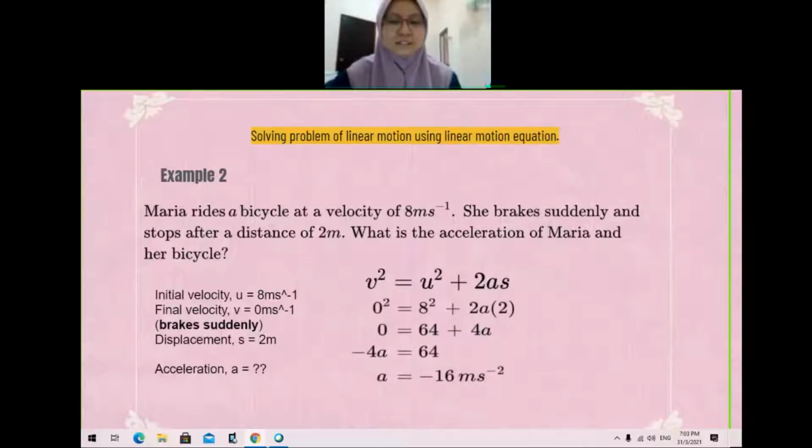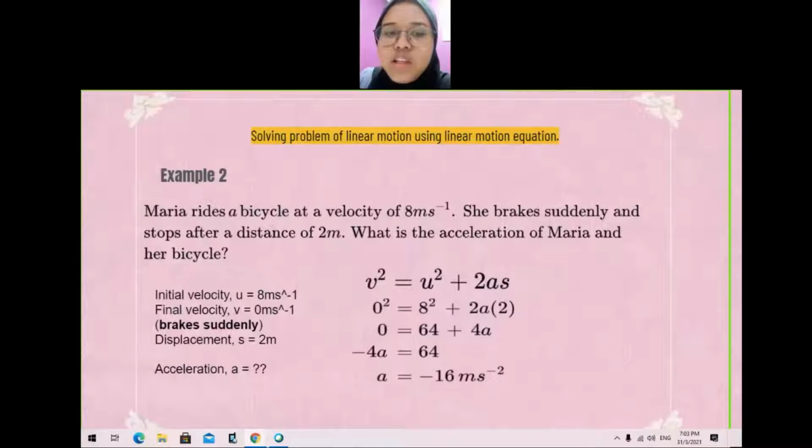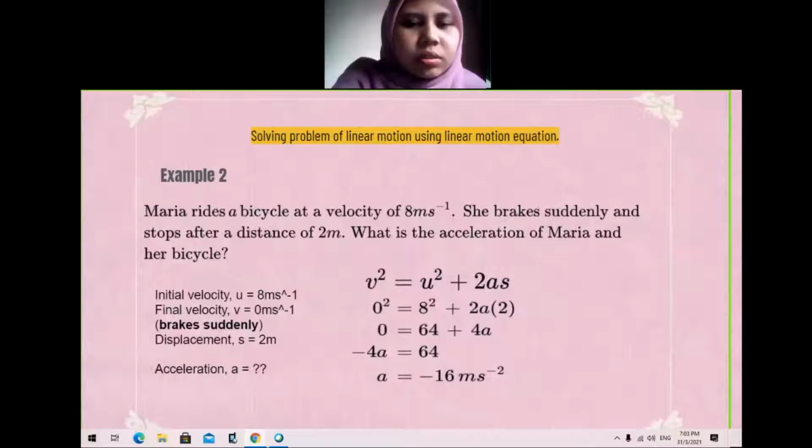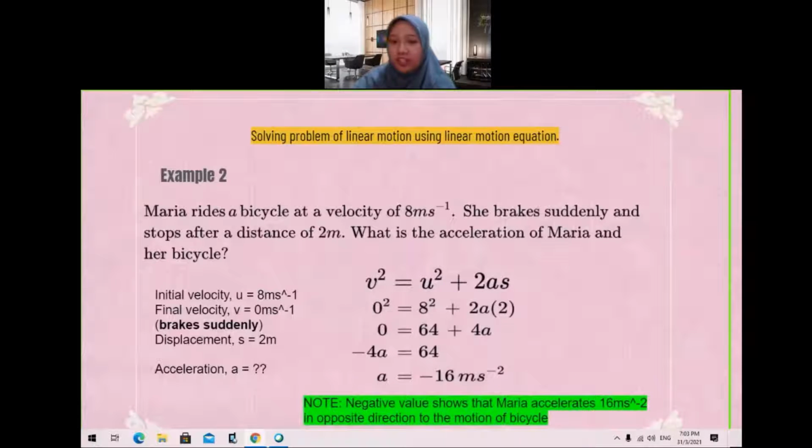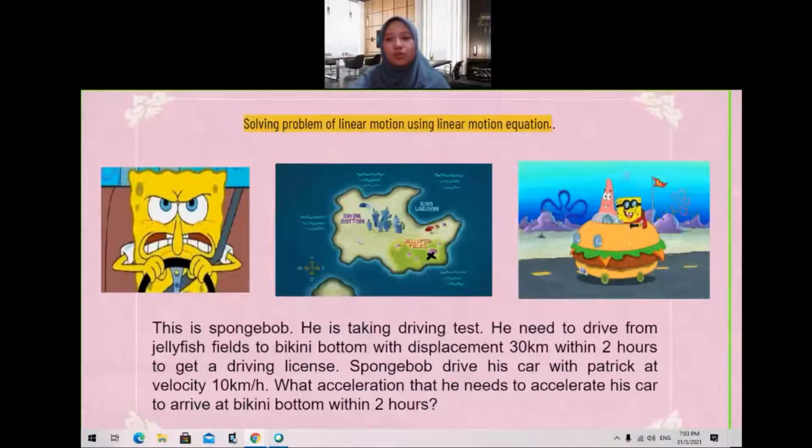Okay, so the final answer we will get is negative 16 meter per second squared. Note that the negative value shows Maria accelerates 16 meter per second in the opposite direction to the motion of the bicycle.